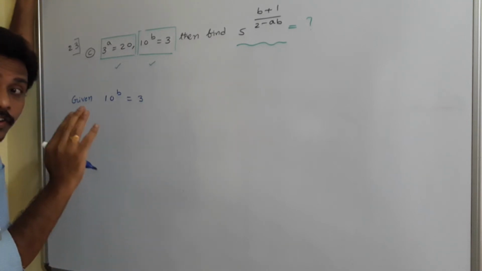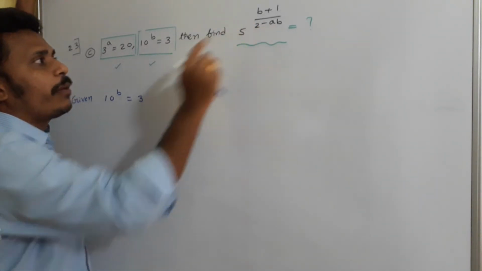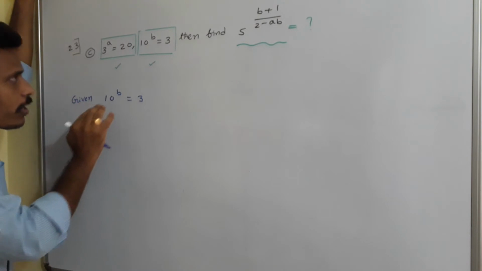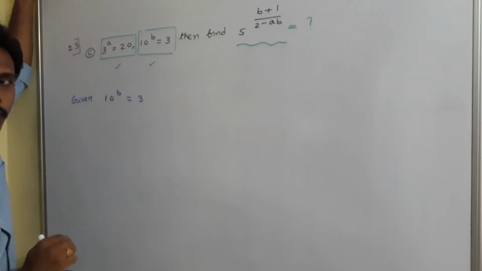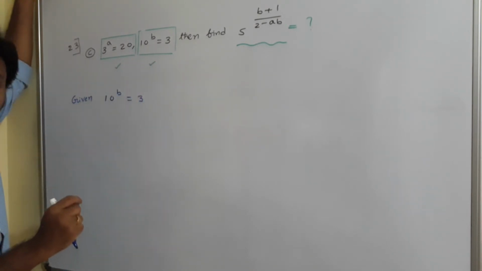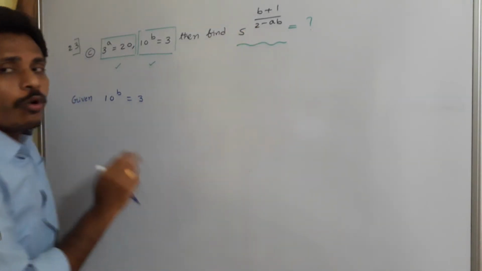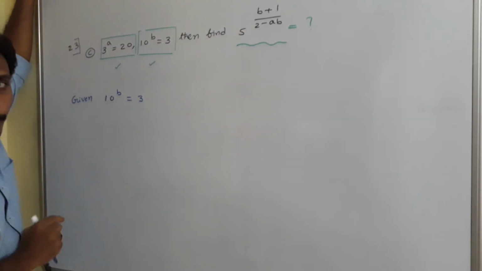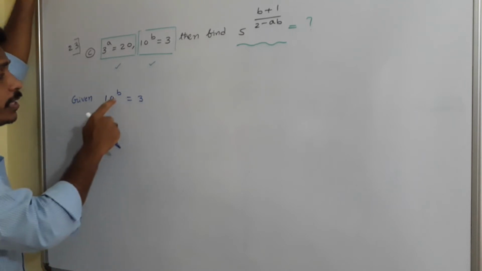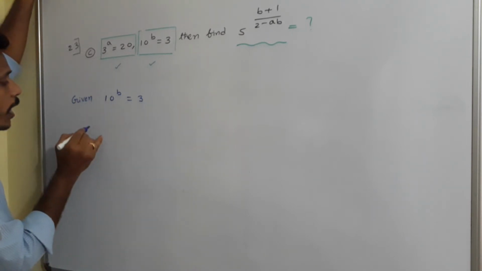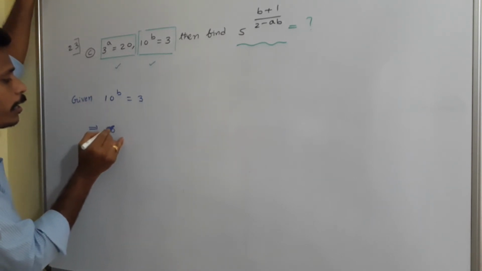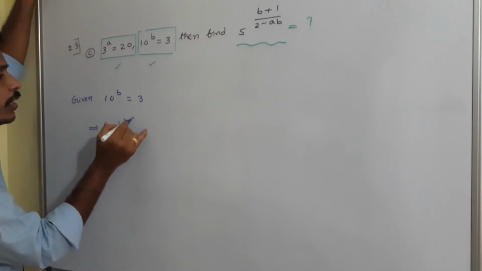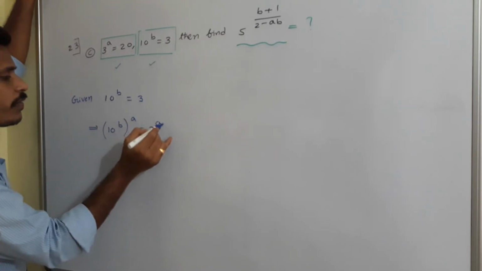But my concentration is completely on 2 minus ab, and I just started with the second exponential equation. First of all, my idea is to prepare 2 minus ab. Don't forget that b is there, so we need a. So apply power a on both sides: 10 power b to the power a is equal to 3 power a.